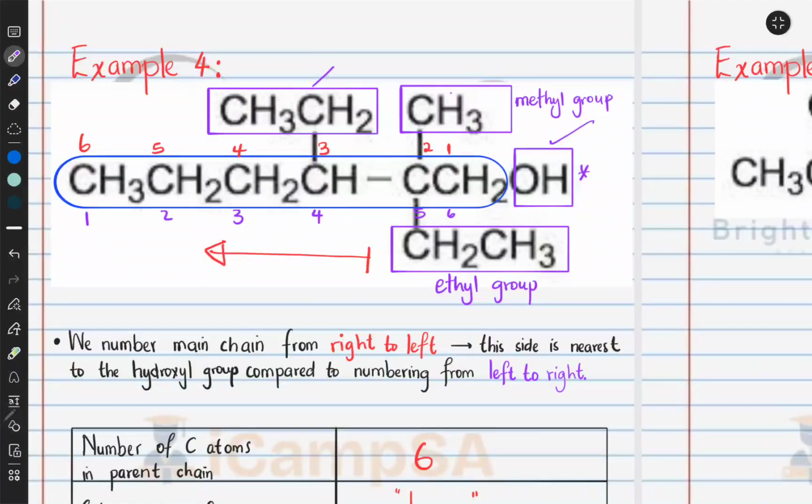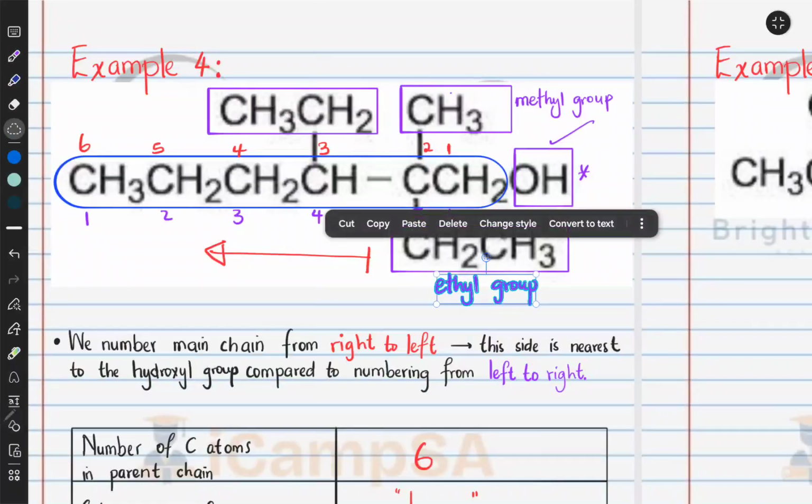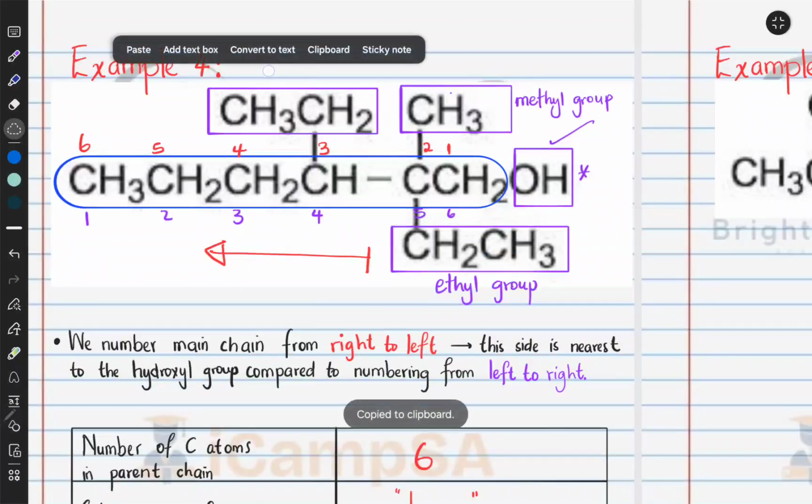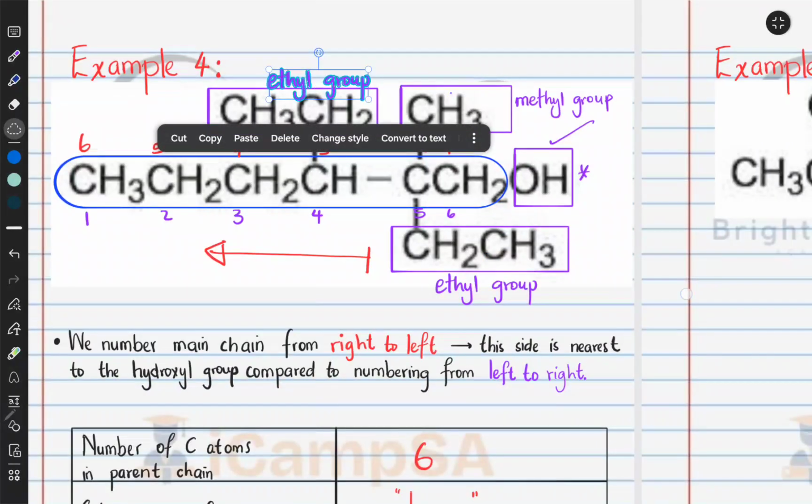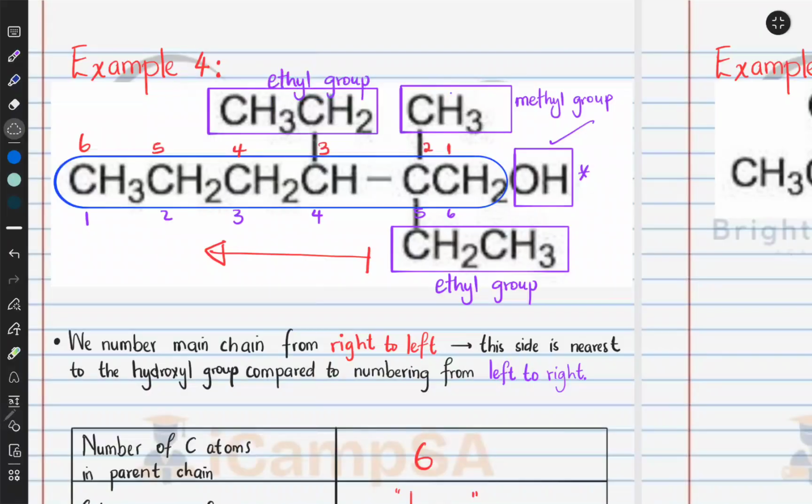And then this one would also be an ethyl group. And then this is our hydroxyl. It doesn't fit here, it's fine. Just know that it's a hydroxyl group.